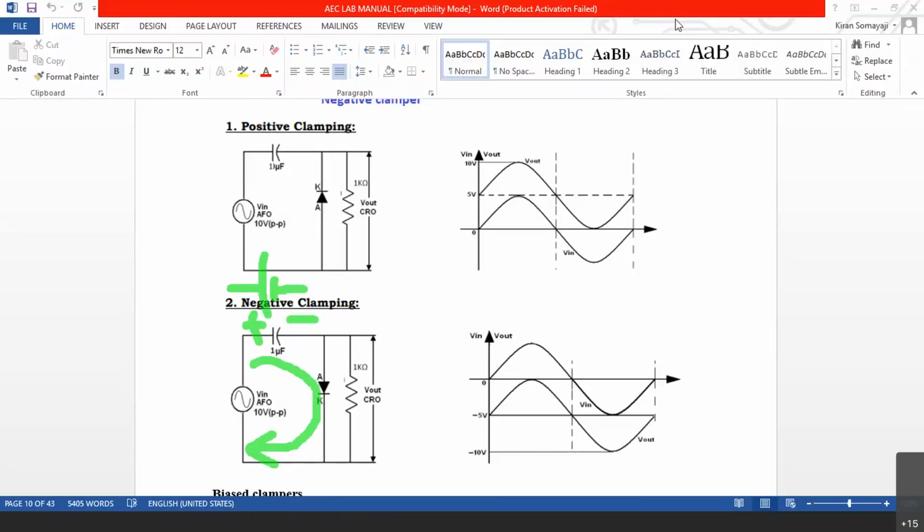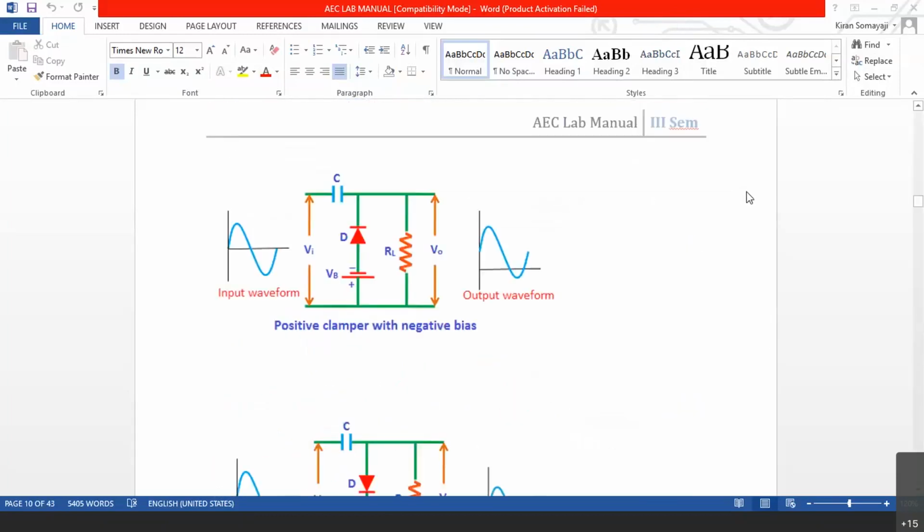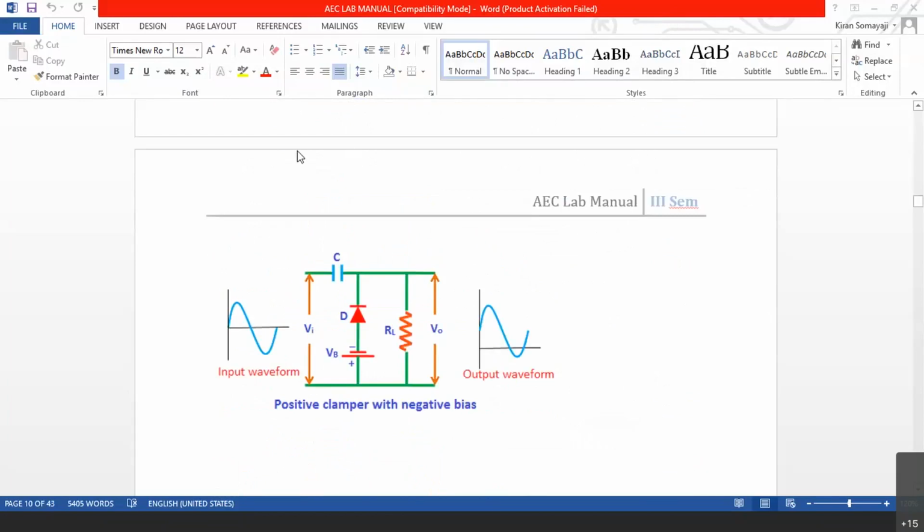Now today, let us go to the last set of clamper circuits, which is the biased positive clamper and biased negative clamper. Let us see this particular circuit here. Now look at this diode. Let me write an example here.